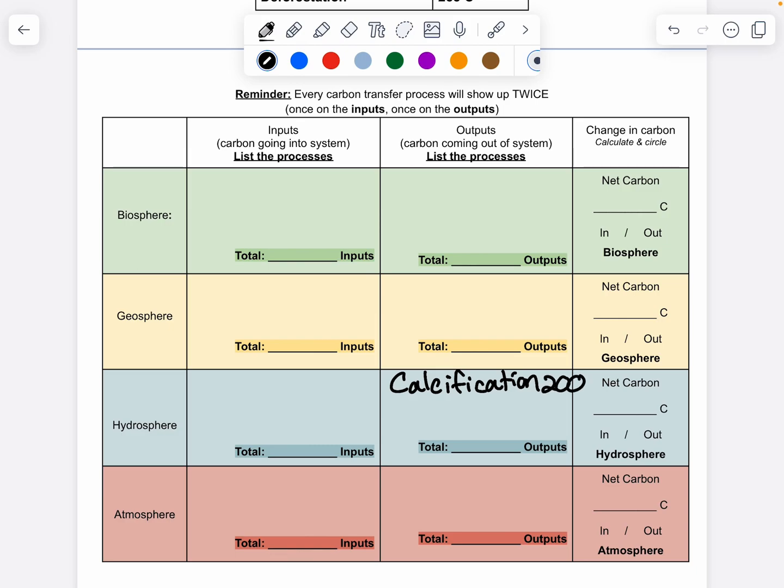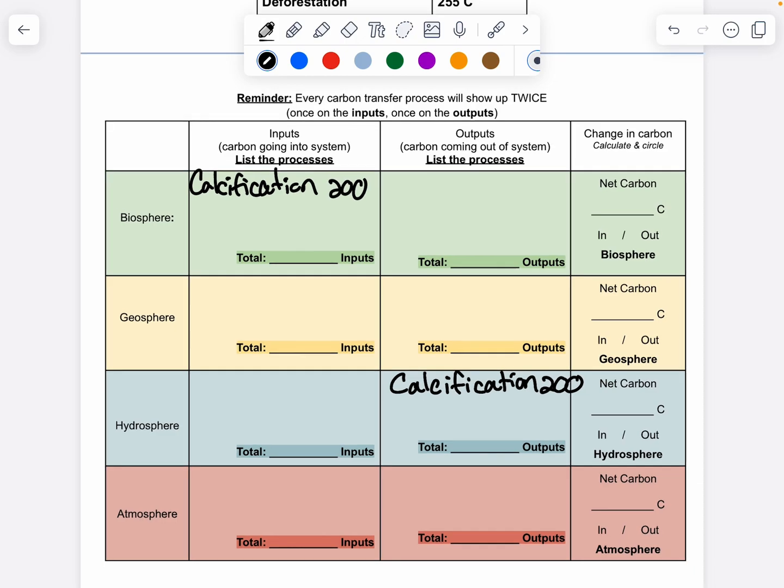It's coming from the hydrosphere and it's going into, so this is my outputs, this is my input, so it's going into the biosphere. So I'm going to put calcification, 200 units going into it. So for every process, it's going to be going out of one place and into another place. And at the end, we'll total them up.